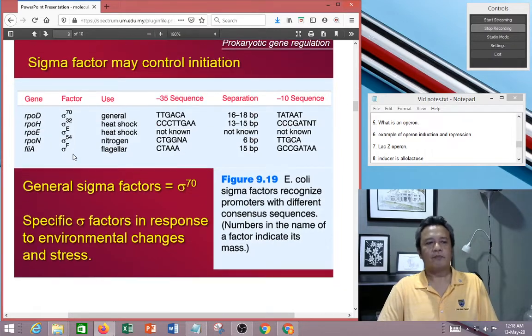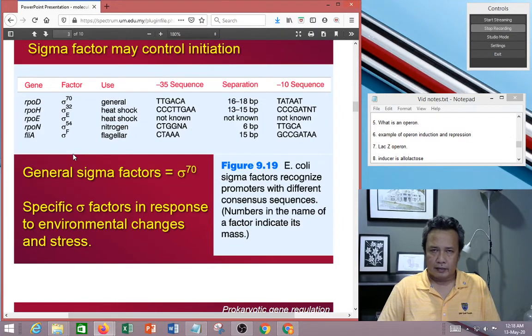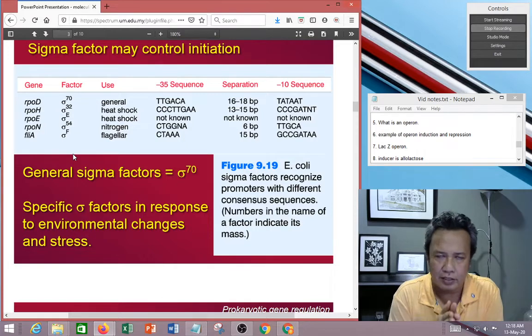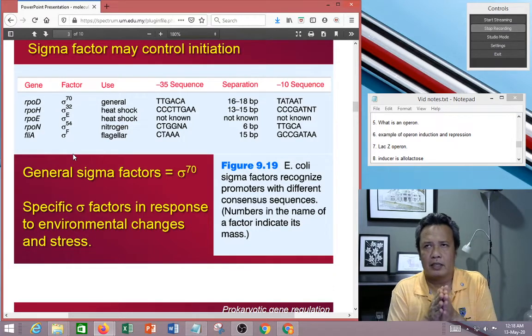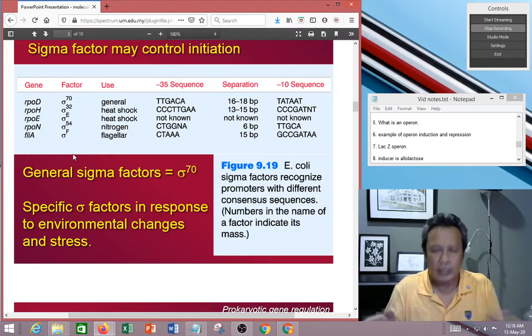Now, when they looked at sigma factors, they found that you've got different types. You've got some that are called general sigma factors. General sigma factor means these are used in most genes.